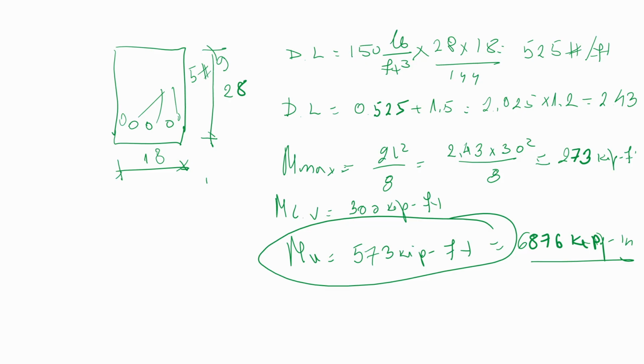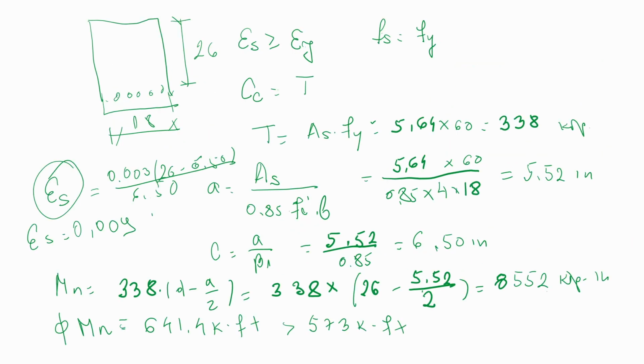And the maximum now is 2.43 times 30 square over 8, which is 273 kip feet. When I add my live load, I will get the total load of 573 kip feet, which is 6,876 kip inch.